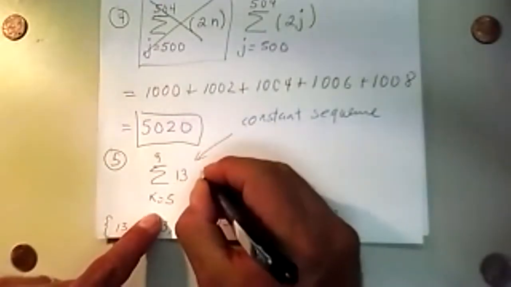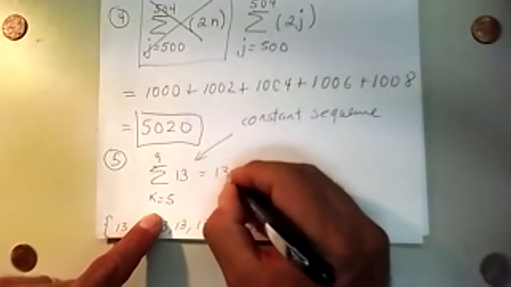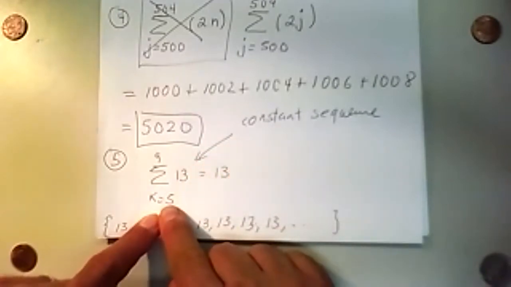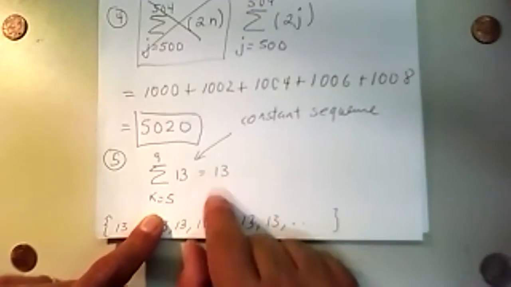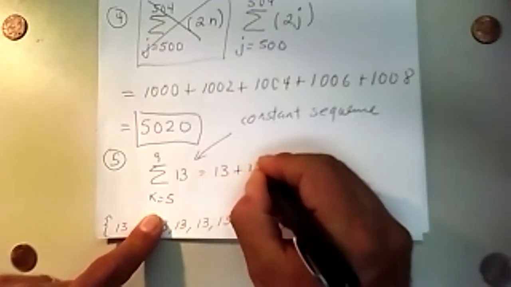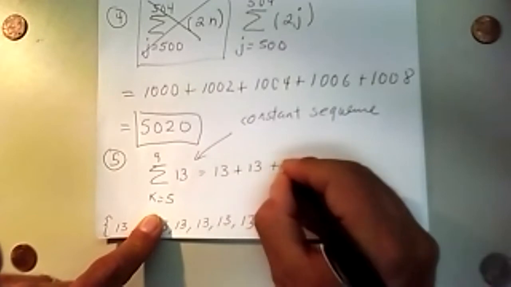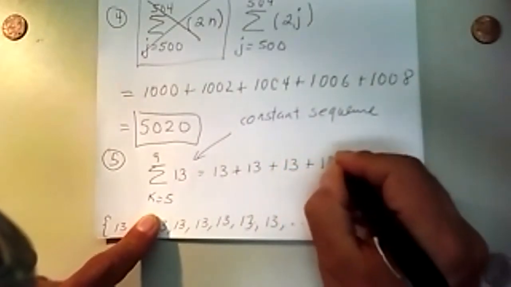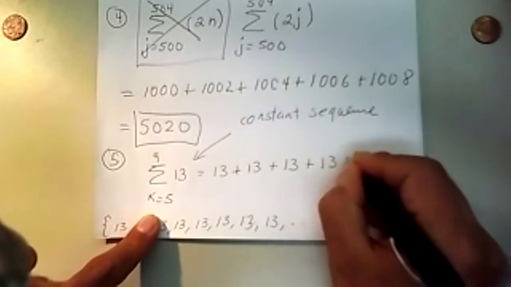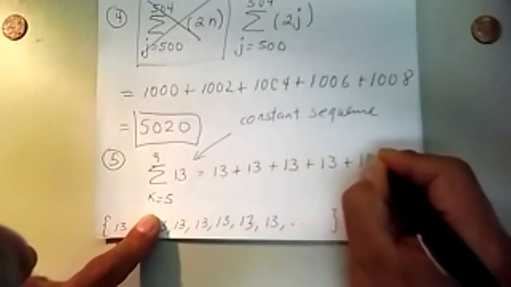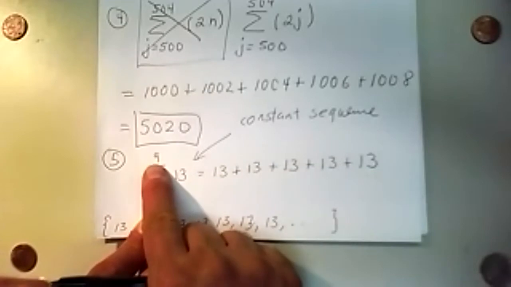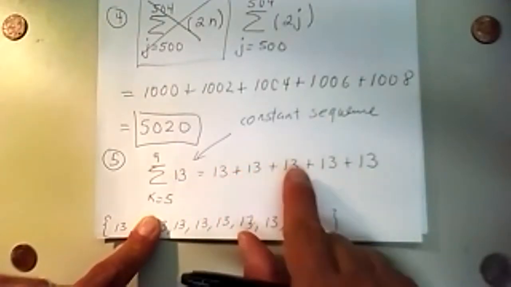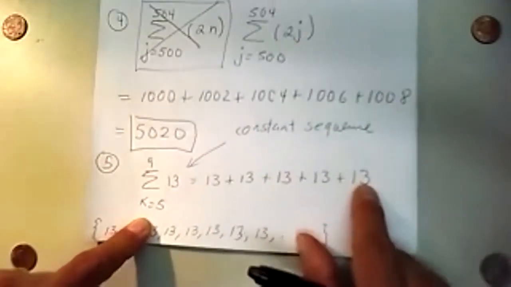So this really means adding 13 from index 5, plus index 6, plus index 7, plus index 8, plus index 9, and that's where we stop. 5, 6, 7, 8, 9. There we have it.